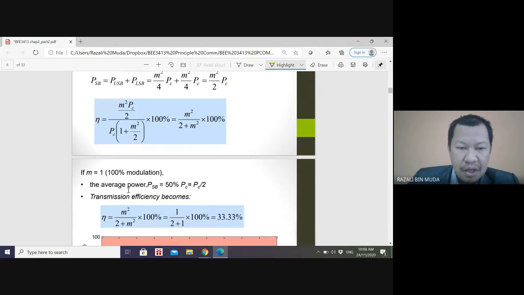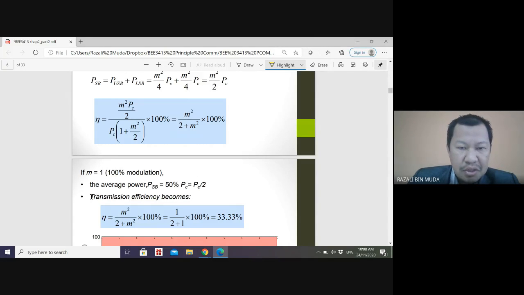Okay, let's say m equal to 1, which means that the modulation index is 100%. It means that EC equals EM, or EM equals EC. So m equal to 1 is 100% modulation. The average power PSB equals 50% of PC, or half of PC.